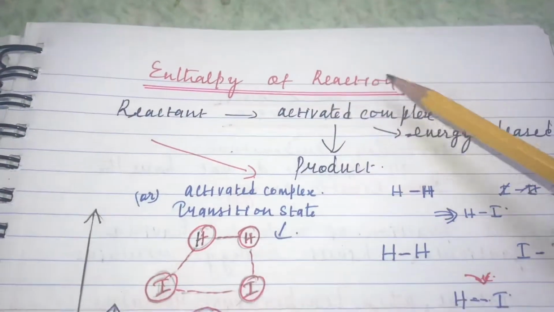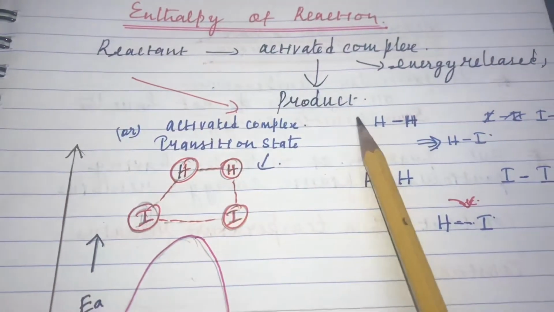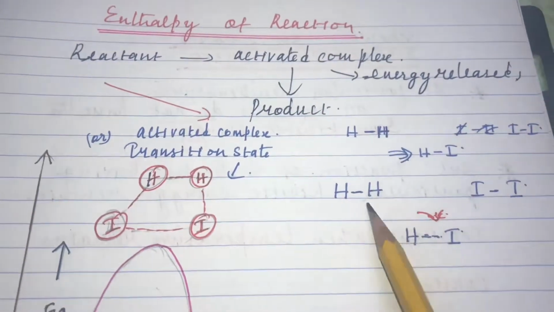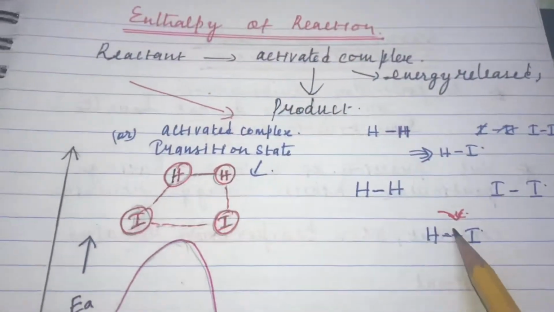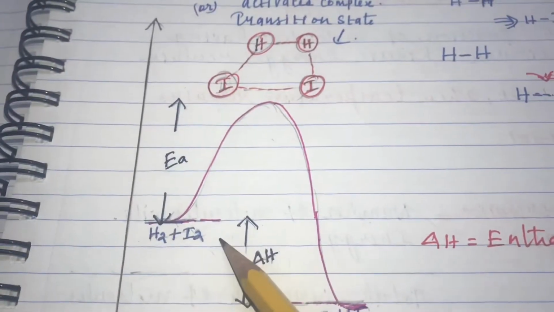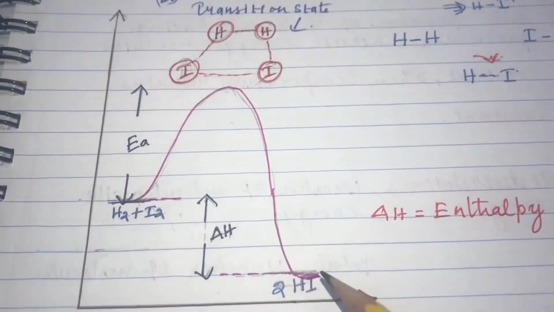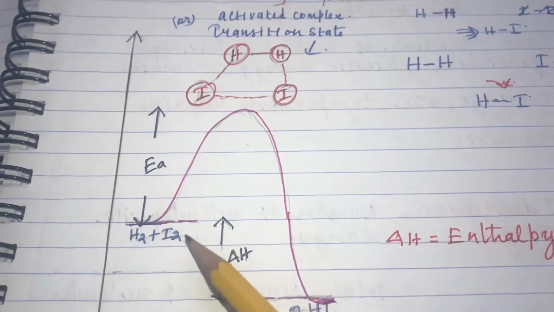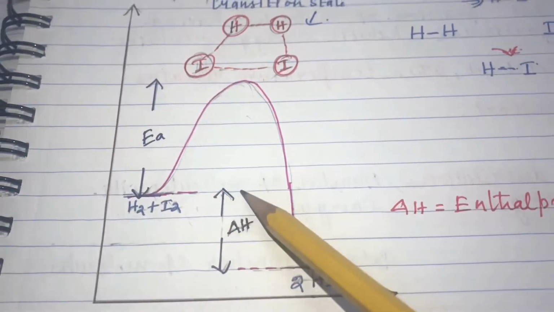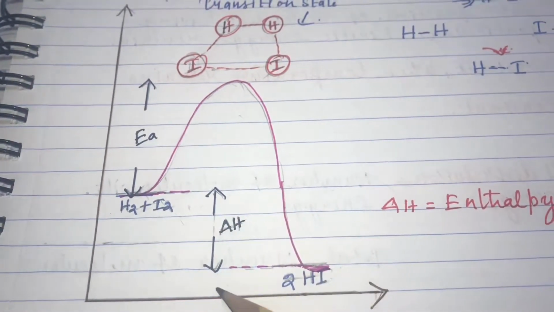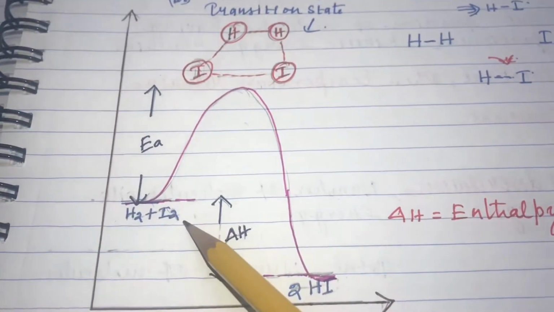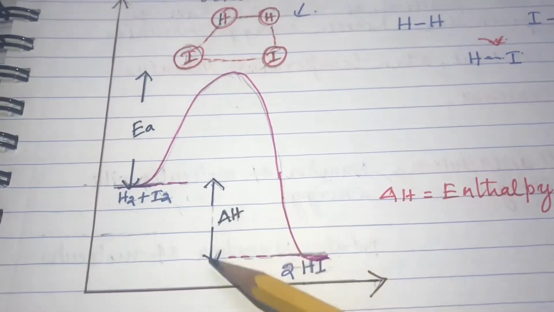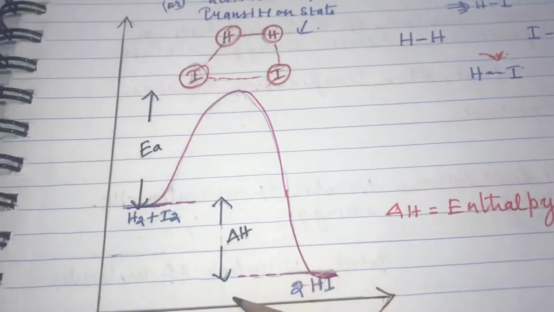Next is the enthalpy of a reaction. When the reactant forms the product through the activated complex, energy is released during the process. Hydrogen and iodine react to form hydrogen iodide. Here hydrogen and iodine, the reactants, are in one energy state and hydrogen iodide is in another energy state. The difference in the energy state of the product from the reactant is called the enthalpy of a reaction.